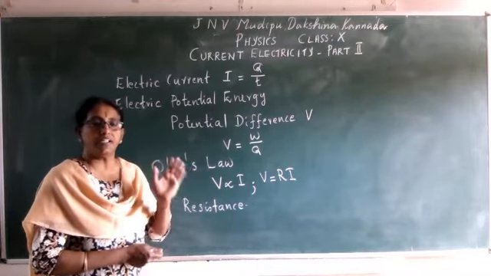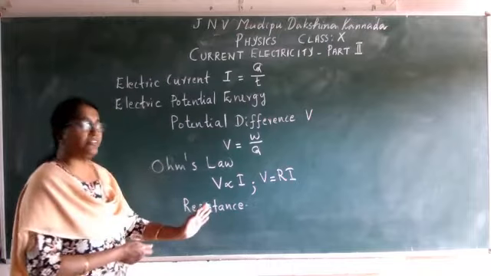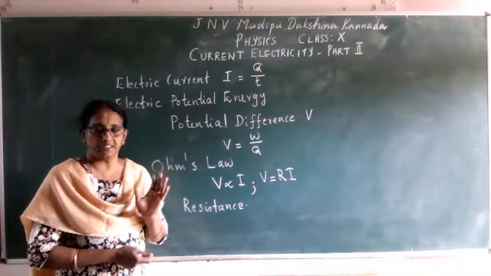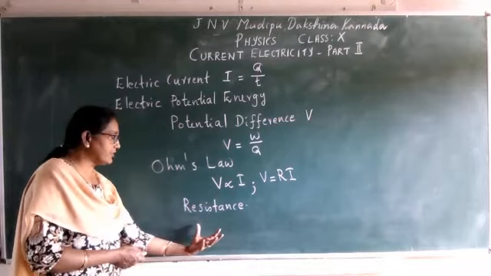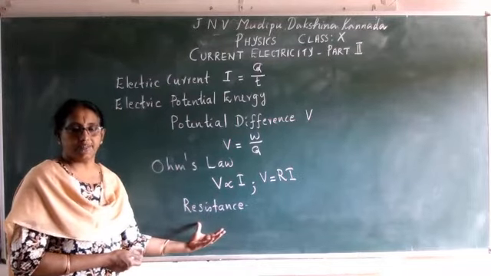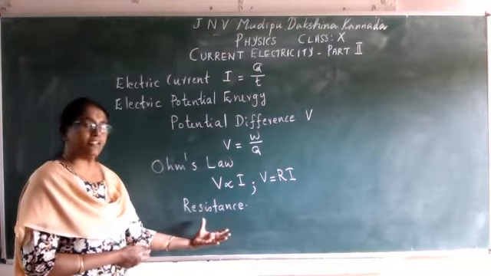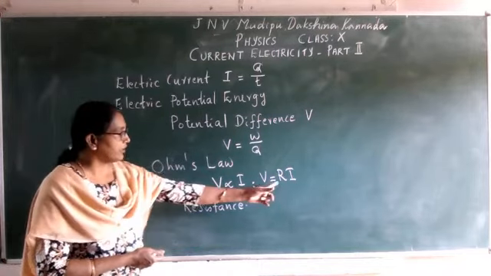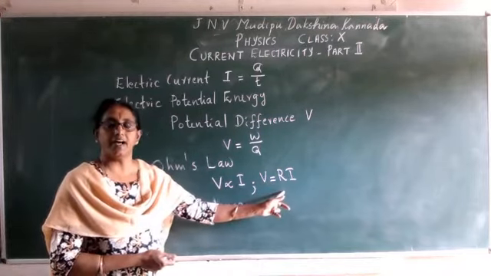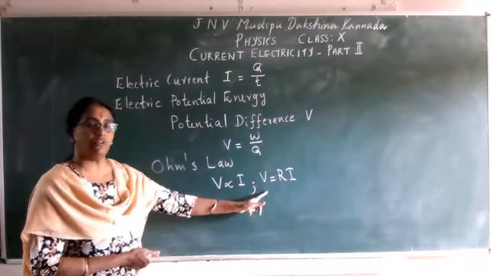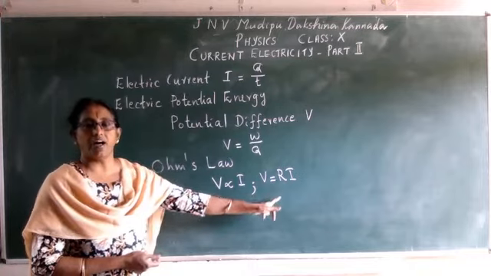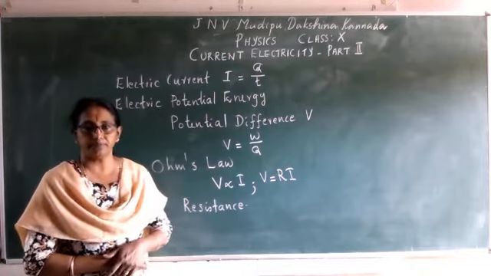By virtue of the nature of that material, the material will resist the flow of charges through it. That resistive property is called resistance. So here the constant of proportionality is called the resistance of the material. Therefore we got the equation V is equal to R into I.